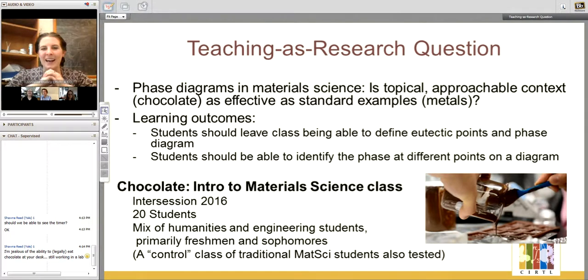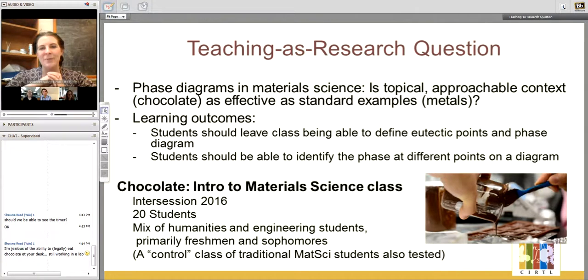And then what I was really happy about, because of the community of the material science department here, I was able to actually get a control class, which is very difficult. I'm sure we've all found in educational research, how do you actually have a control group? You don't want some students to miss out on learning. And frequently we just don't even have that many students to work with.